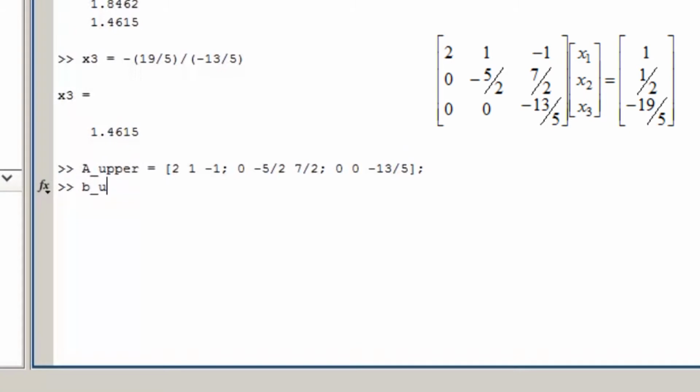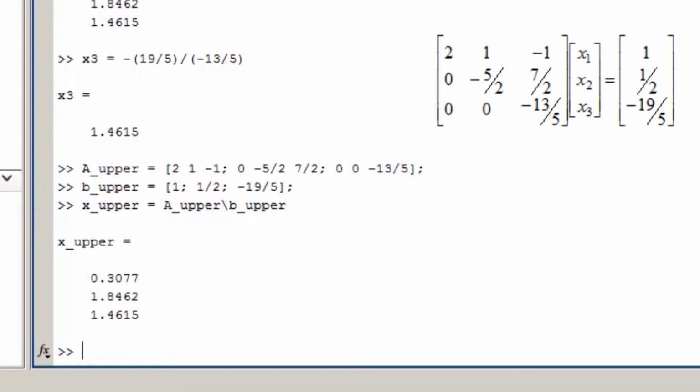And b_upper equals 1, semicolon, 1/2, semicolon, -19 over 5. To solve these, I'll type x_upper is equal to A_upper backslash b_upper. This solution is the same as I got from the original equations, so both forms of the system of equations are equivalent.